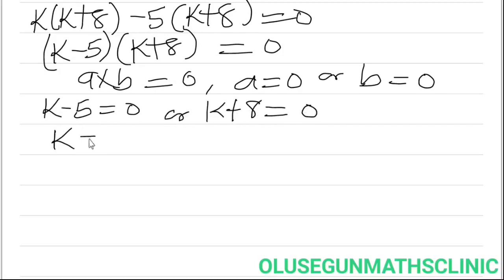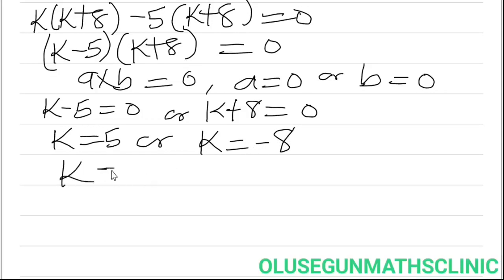So k is equal to 5 or k is equal to minus 8. But recall, since the base can never be negative, k is equal to 5. So meaning that the base of the number is 5.